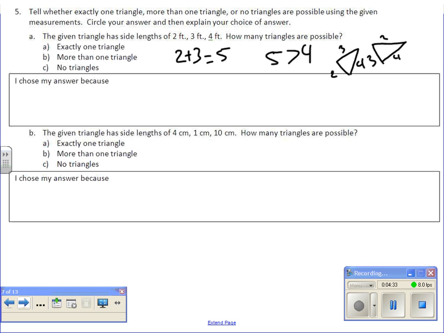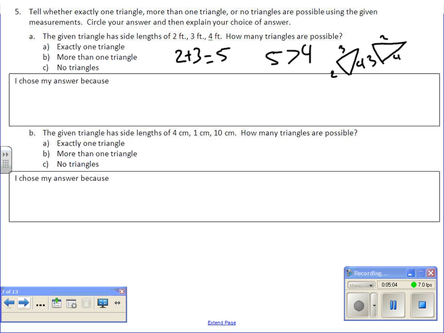So we can definitely make a triangle. Now we have to decide, is it really going to be more than one different type of triangle? It sure seems like we can rearrange them in different ways, but really this is just going to be the one triangle. We're just kind of changing the orientation of how it's spun around.